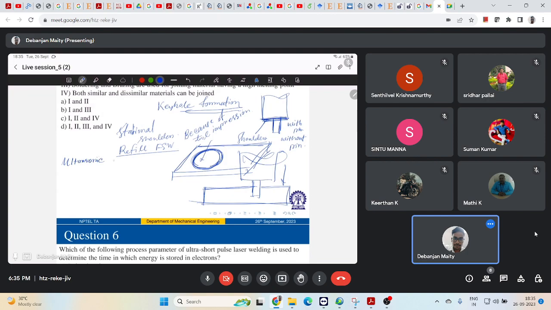So normally in ultrasonic welding, there is the removal of interfacial oxides or contaminants.